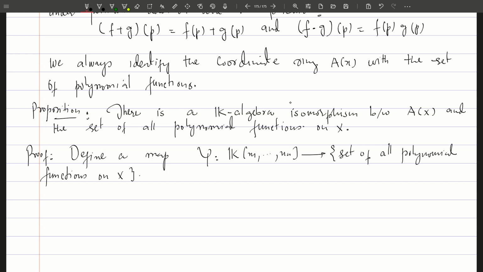We define this map psi, which takes the polynomial f to the polynomial function, I mean f restricted over X. So clearly psi is a homomorphism of K algebras.